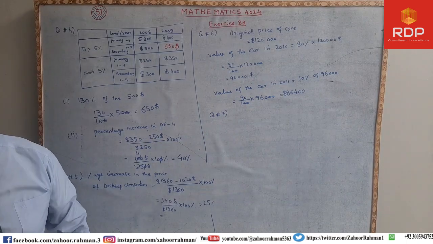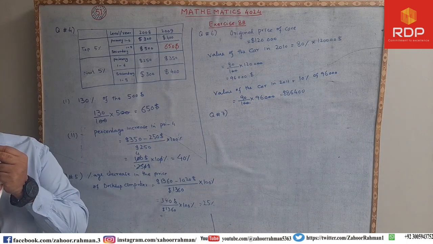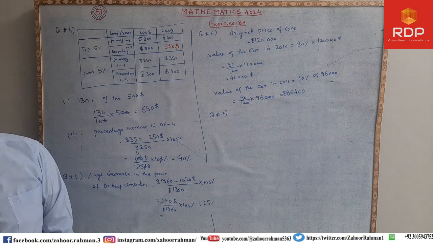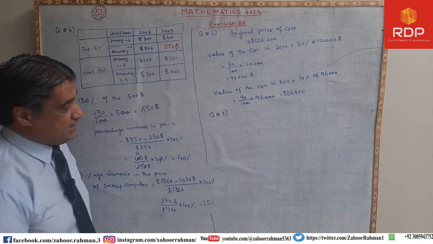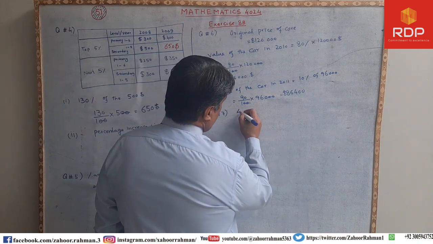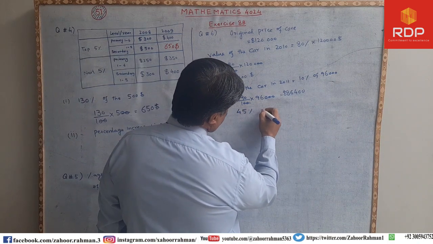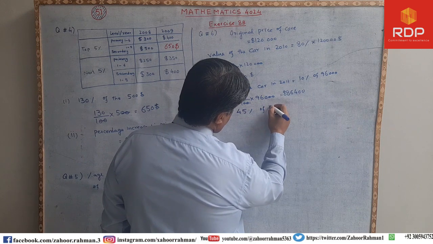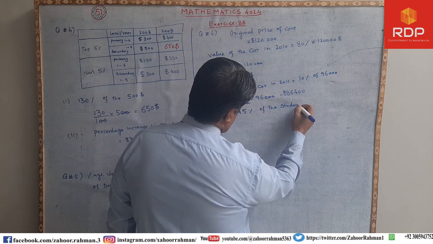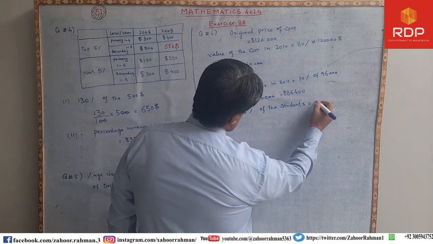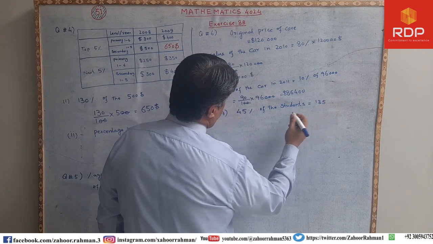So first of all, 45% of the students is equal to what? That is given to be 135. So 45% of the students is equal to 135.